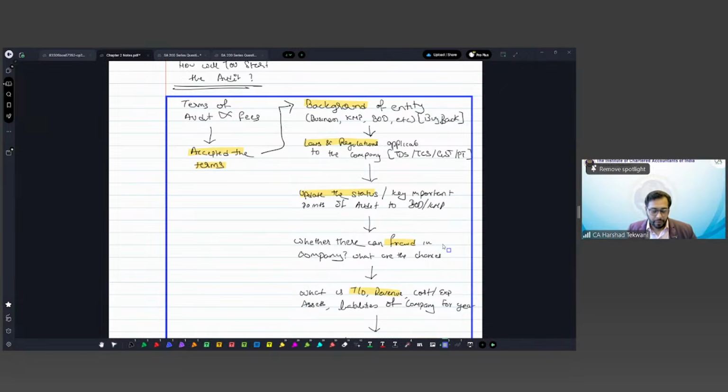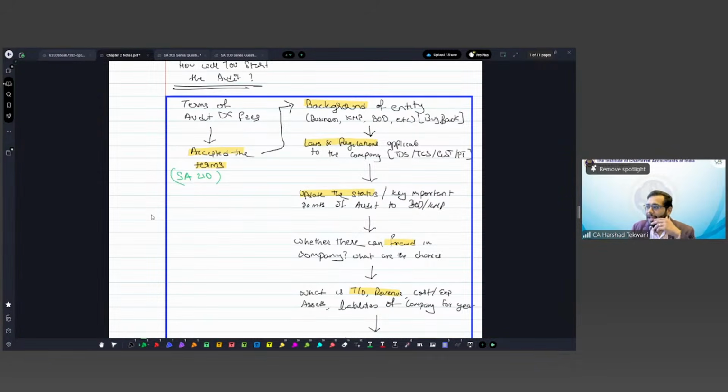For example, when I talk about terms of an audit and fees, which standard do we have? Terms of engagement: SA 210, absolutely. So I have SA 210 to guide me on the terms.